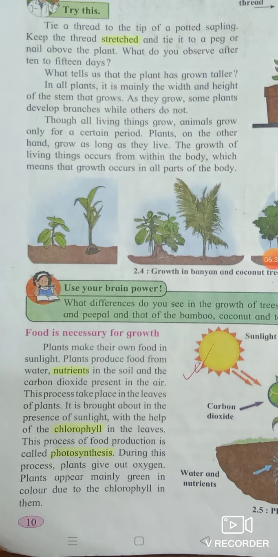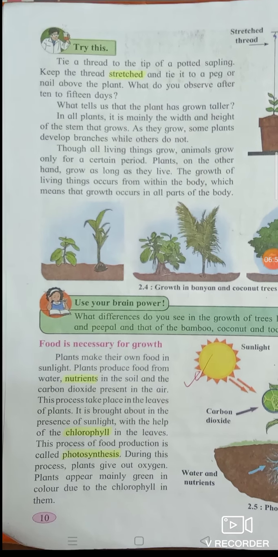So this process of food production is called photosynthesis. What is meant by photosynthesis? Photosynthesis means the process by which green plants turn carbon dioxide and water into food using energy from sunlight.